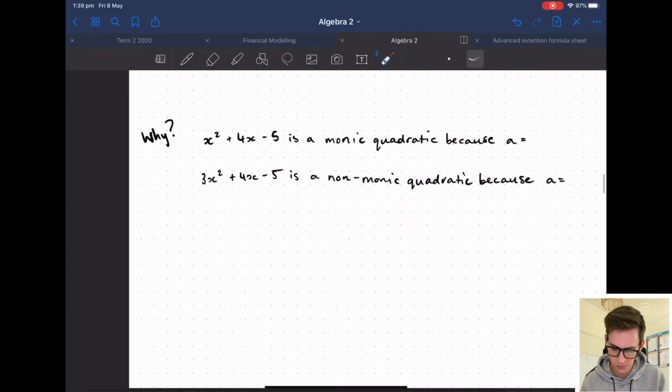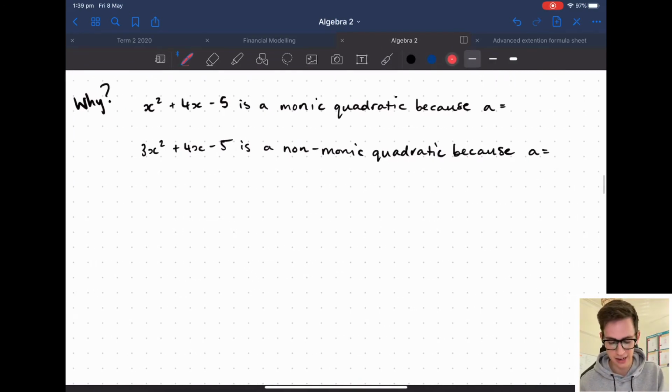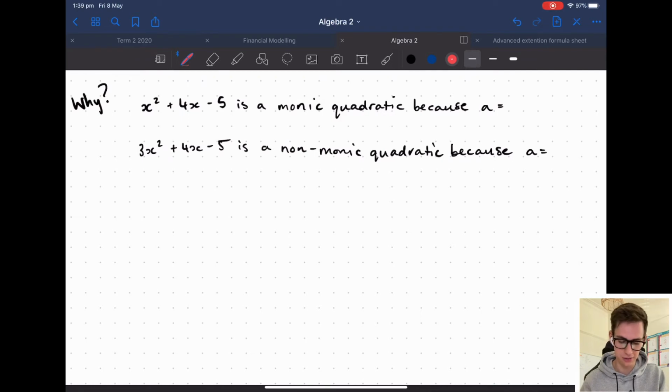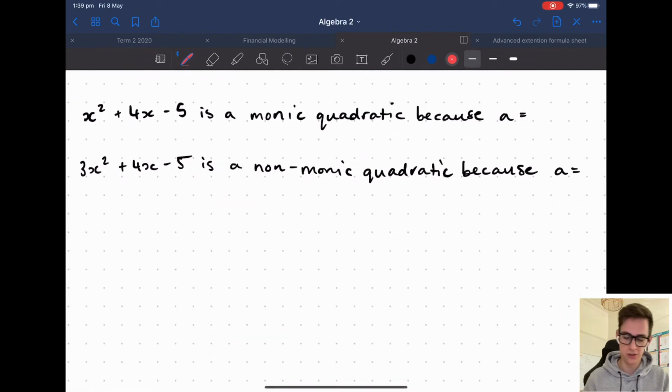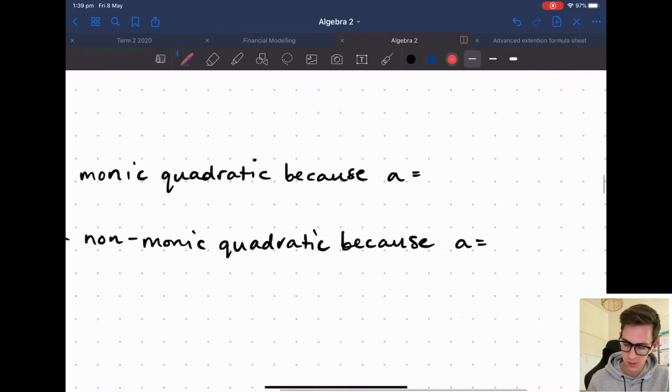You'll find it. Okay, so today we're looking at two things. We're looking at monic quadratics and non-monic quadratics. I've got two examples here for you. A monic quadratic is called so because a, and from that quadratic formula, remember we said a was the number out the front of x squared, we're going to use that same notation here, because a is 1.